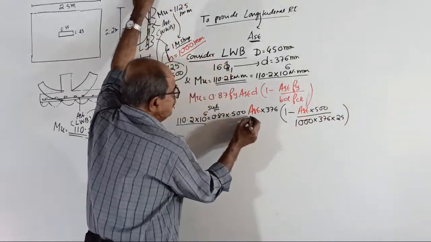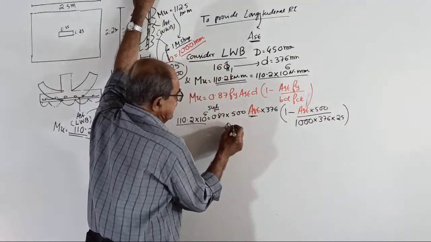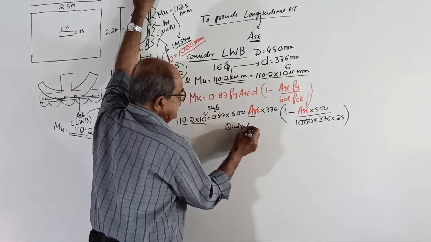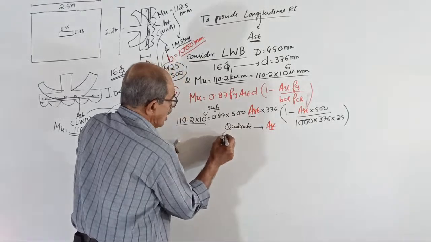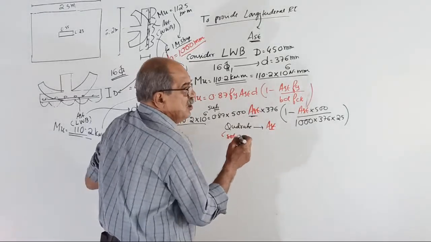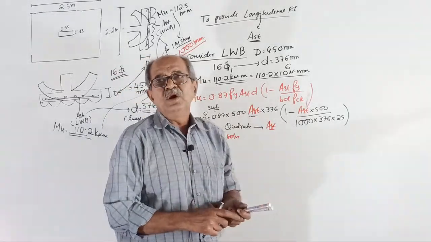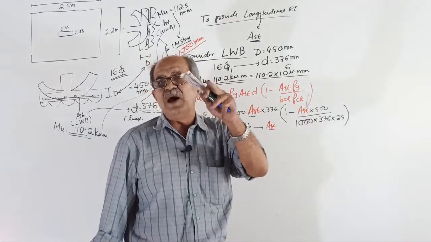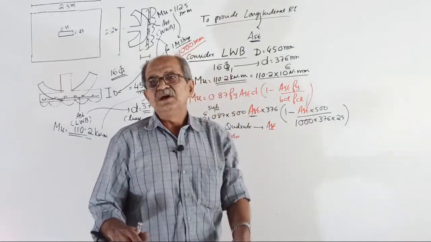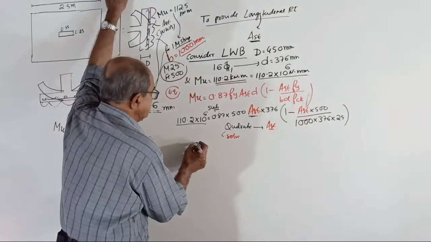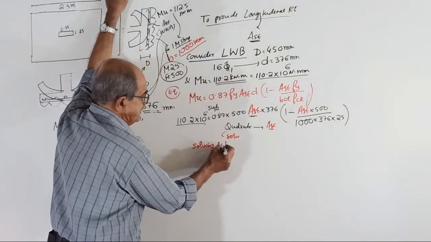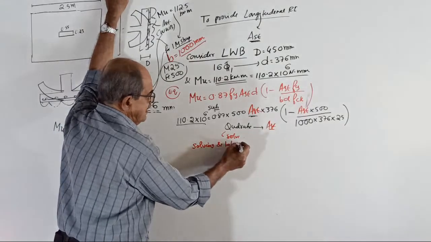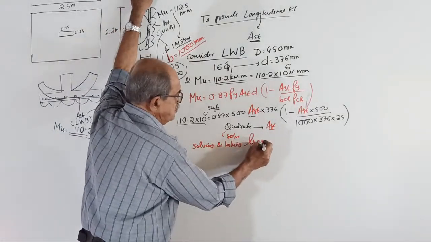Okay, this will give you a quadratic equation in terms of AST. Solve this equation. I told you the applicable value is always the least value. Those who are newcomers should know it. So write here simply: solving and taking least value.